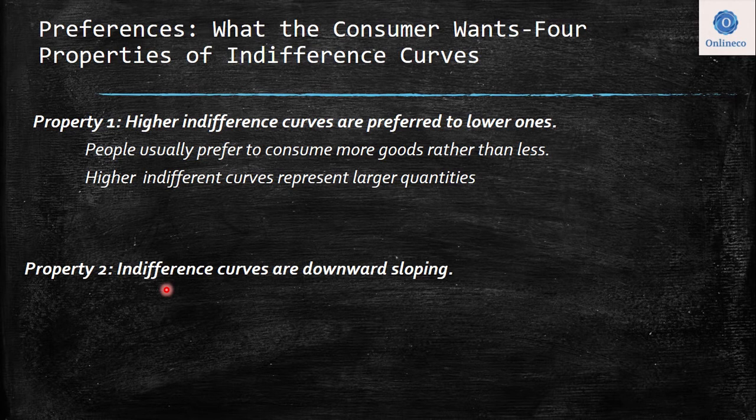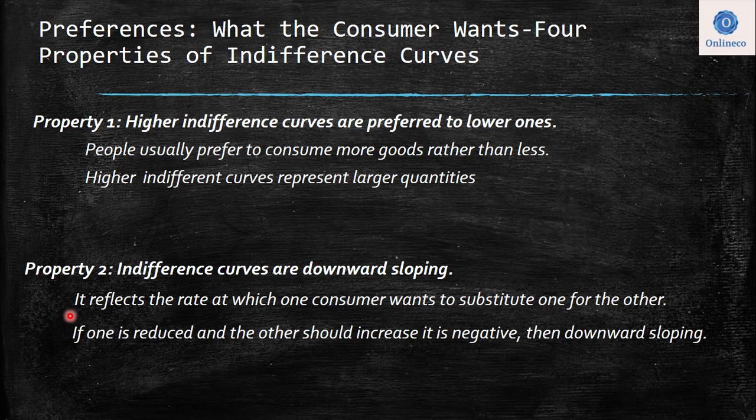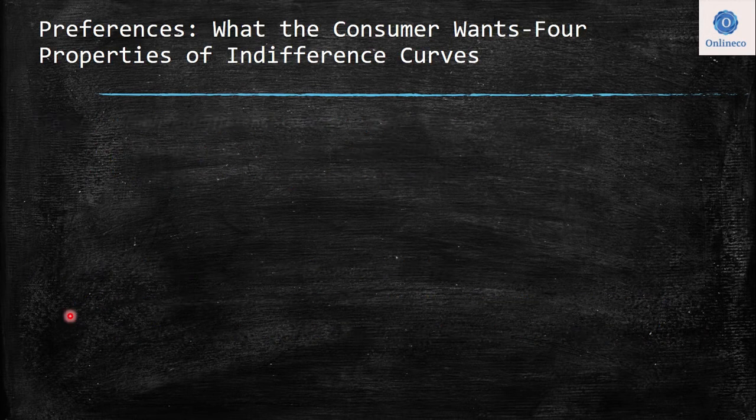Second, indifference curves are downward sloping. Why? Because it reflects the rate at which a consumer wants to substitute one good for another. Because you give up one to take another, it is downward sloping. If one is reduced and the other should increase, the slope is negative, so it's downward sloping.